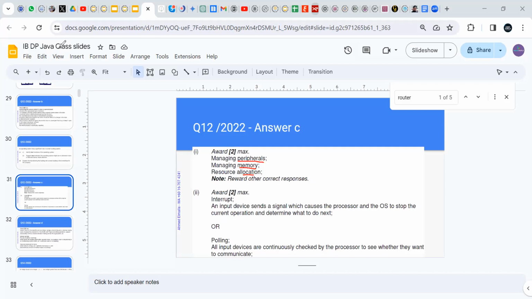You are either using interrupt or even polling. So may I know what happens inside the system once the operating system sees that there is an interrupt? Sorry, could you repeat it? The audio cut off for a second.